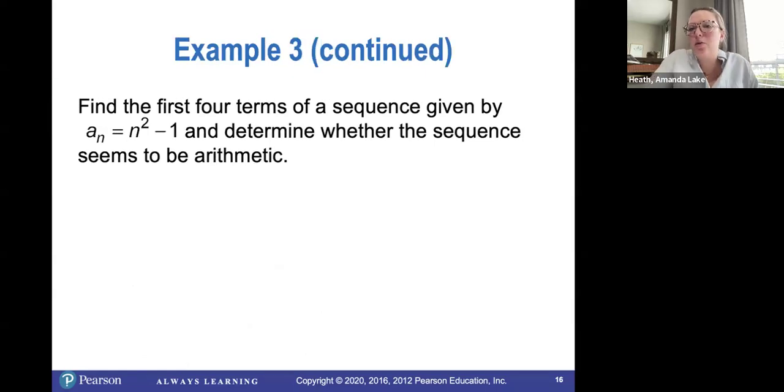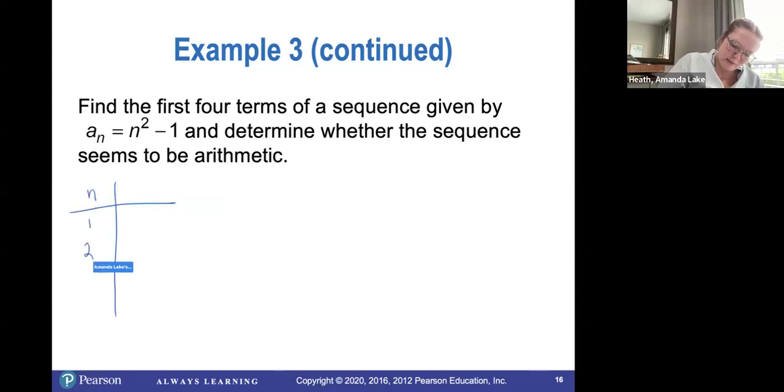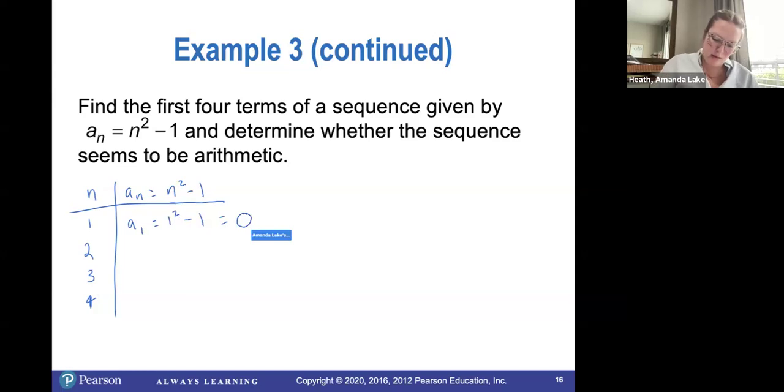All right, so here's another one. We want to find the first 4 terms of a sequence that's given by n squared minus 1. So when n is 1, 2, 3, 4, we're looking for n squared minus 1. So A1 will be 1 squared minus 1, which is 1 minus 1 or 0.